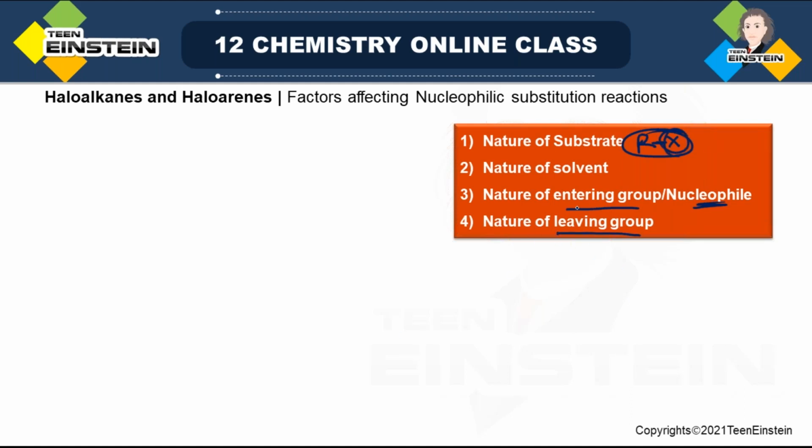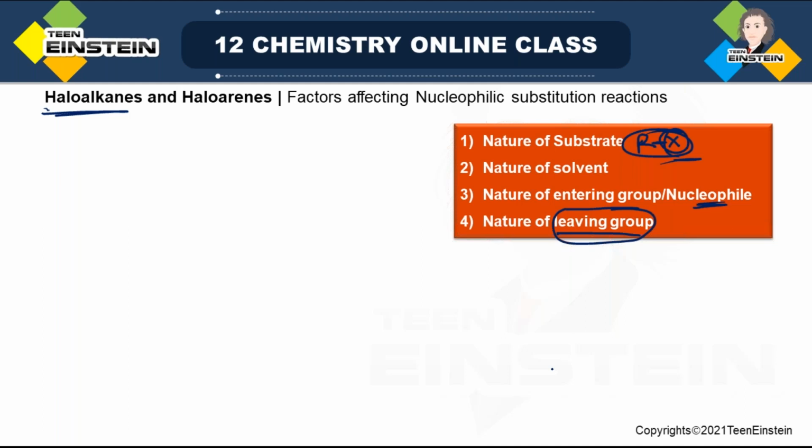But better we say the term leaving group, because though we are discussing SN1, SN2 in this haloalkane haloarene chapter, obviously here X will be halogen. But if you consider the broad category of SN1, SN2, it is not just limited to alkyl halide. You can get some other types of leaving group also.